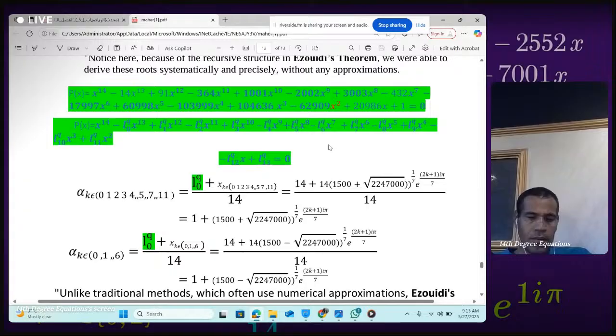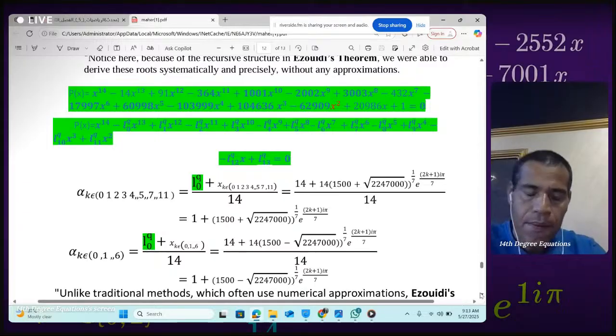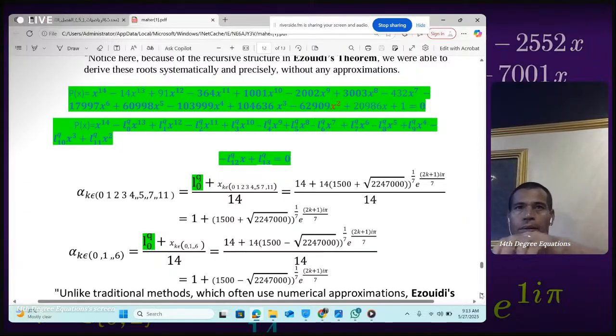So the core message, the big takeaway from this deep dive, is that Ezouidi's theorem presents a potentially powerful alternative path. Yes, a path to obtaining exact symbolic solutions for high-degree polynomials, moving beyond the inherent limitations of numerical approximations in certain contexts. And finding those exact roots, not just close numbers, is what could be really valuable across science and technology.